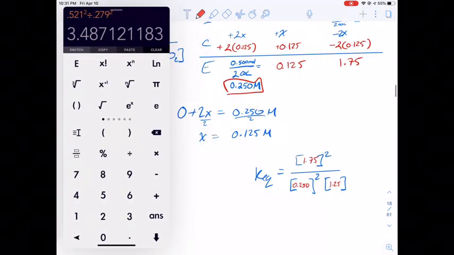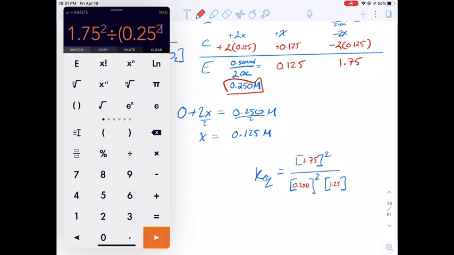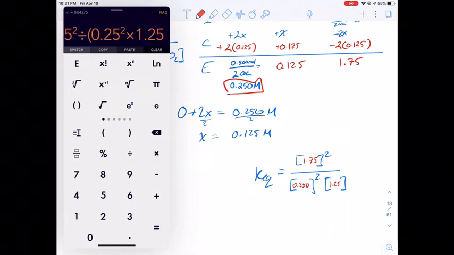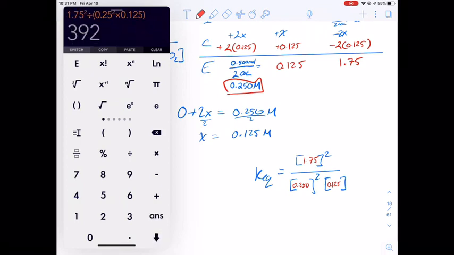Punch that into a calculator. 1.75 raised to the power of 2 divided by brackets 0.25 to the power of 2 multiplied by 1.25. Oops, not 1.25, 0.125. Watch out for that. We had a syntax error because we forgot our bracket. There we go.